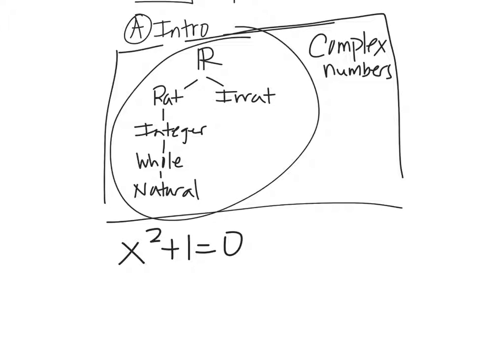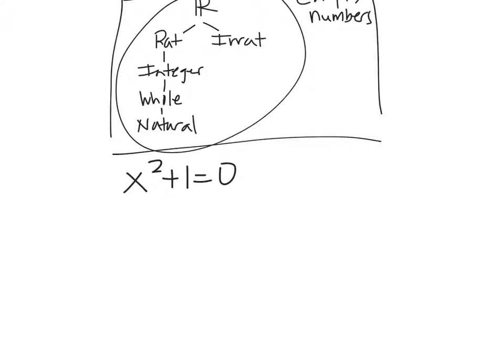But as you know, there's no real number that you can square, add it to 1, and get 0. So they decided, you know what, let's make up something. That's exactly what they did. And they said that we're going to make up a number, and we're going to say that this number is i, and it's equal to the square root of negative 1.